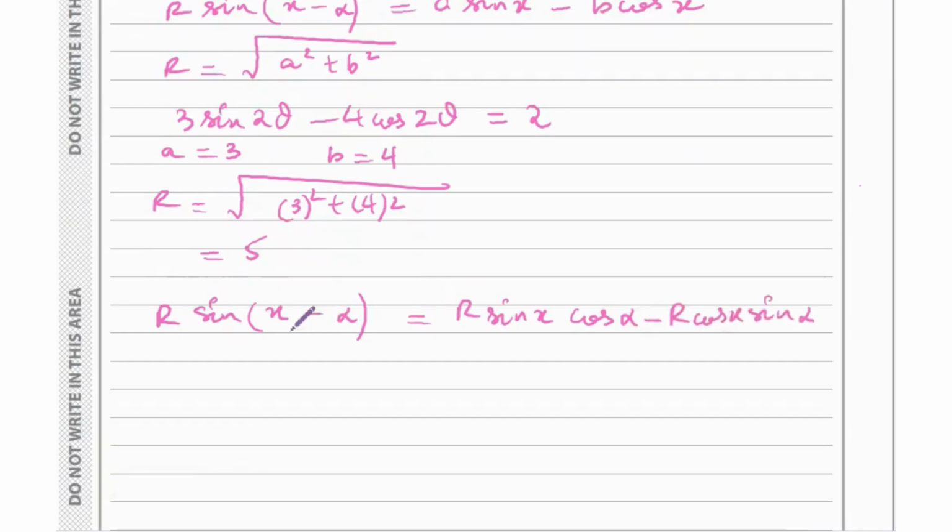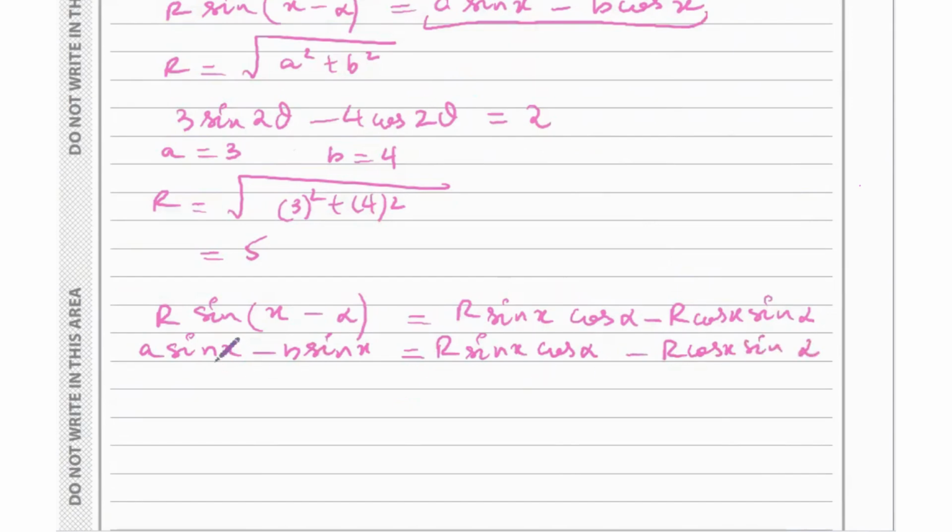That is the expansion for this. So this part is equal to this, which is equal to this. So what we're going to do is write a sine x minus b cos x over here, which is equal to r sine x cos alpha minus r cos x sine alpha.